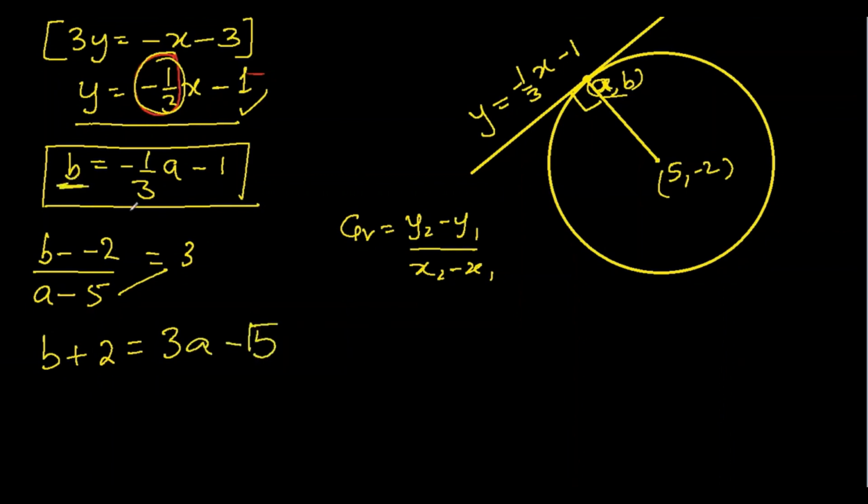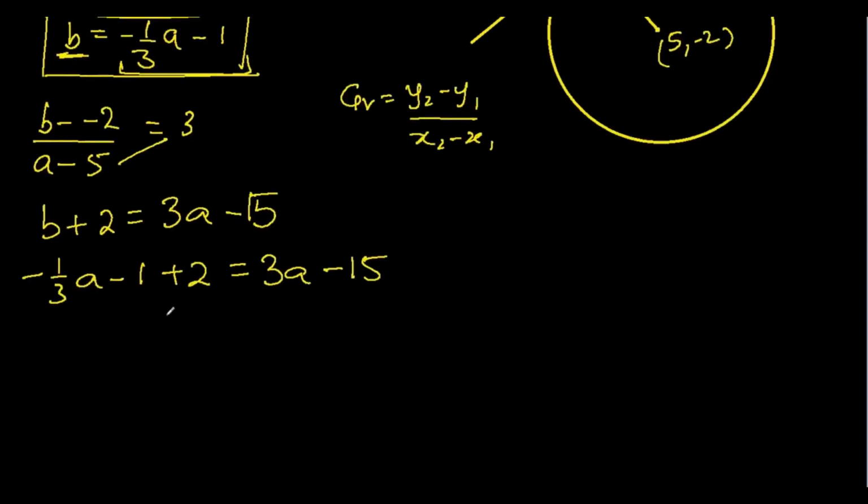Okay, and now we can substitute b by its value from the first equation. Minus 1/3 a minus 1 plus 2 equal to 3a minus 15. So what a do we get because of this? Let's bring this 3a also to the left side.